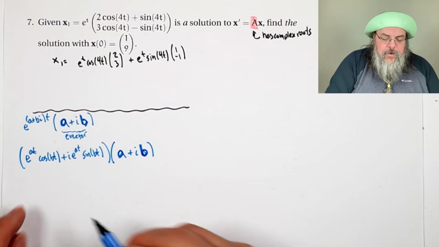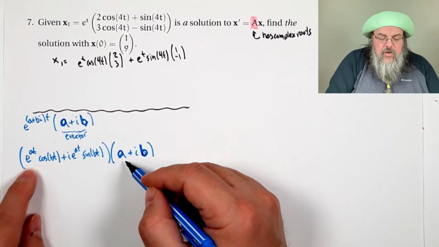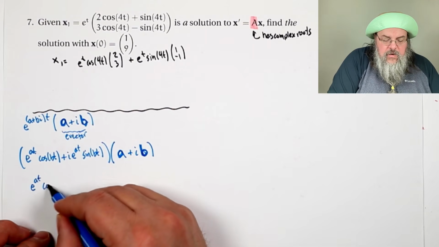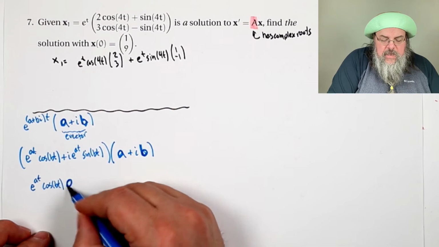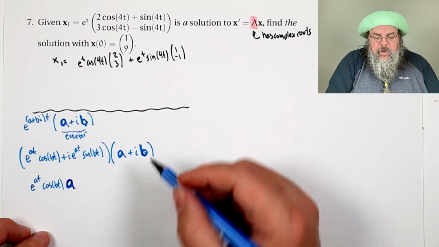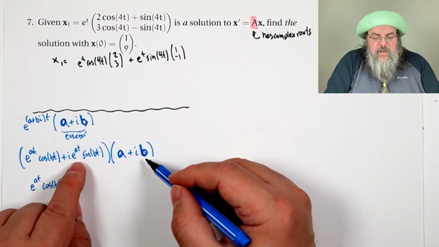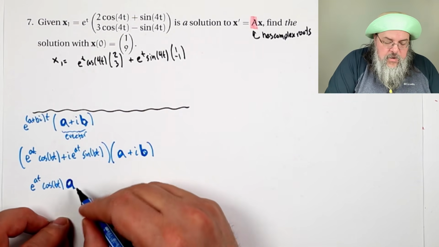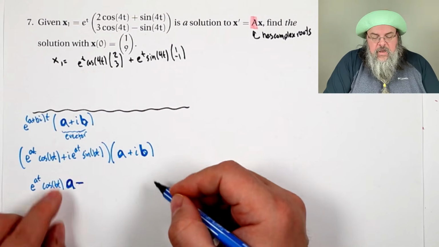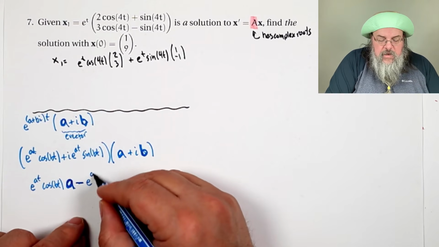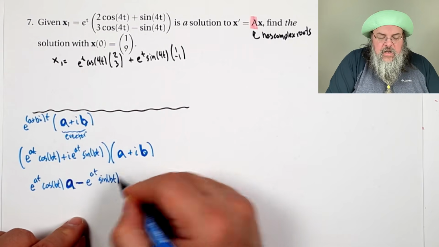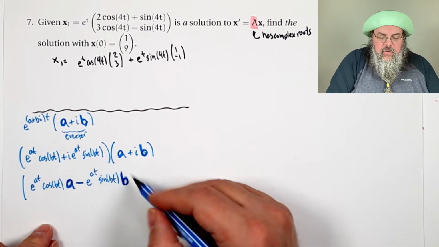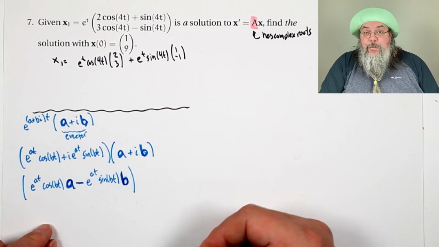All right. So when we do the real part, we get e to the at cosine bt times this first piece, so e to the at cosine bt times a, our piece of an eigenvector, I really should say. And then the other real piece comes from imaginary times imaginary. I squared is minus 1. So minus e to the at sine of bt times b. All right, so there is solution number 1.